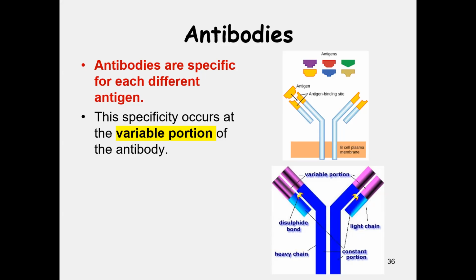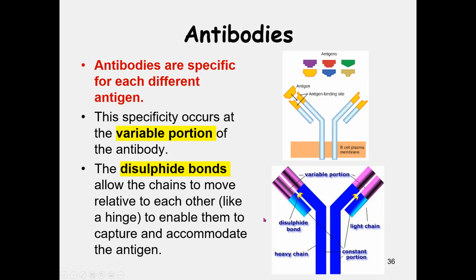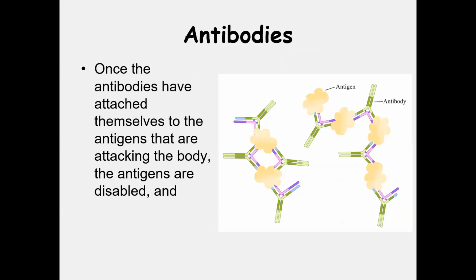So there are 4 proteins in each antibody, and the variable portion is what's specific to the antigen that's occurred. Okay. Now, once the antigen is picked up here, the system will not let it go.